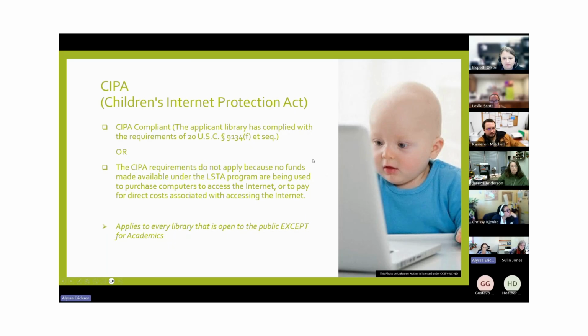All right, CIPA. CIPA is the Children's Internet Protection Act, and it requires anything that is IMLS purchased and accesses the internet to be CIPA compliant. That means computers that are filtered. Academic libraries are exempt from this because there's a reasonable expectation that you will not have children accessing your equipment.